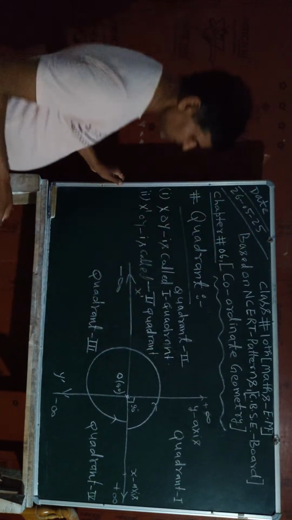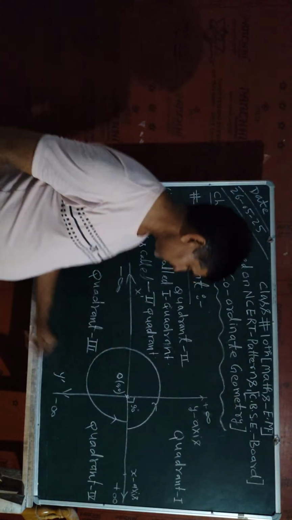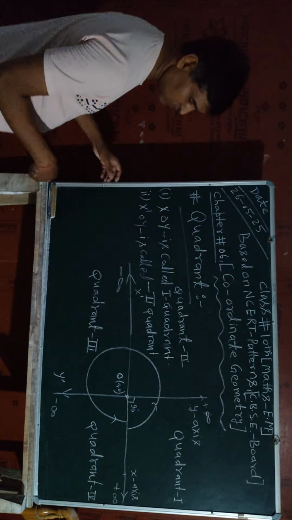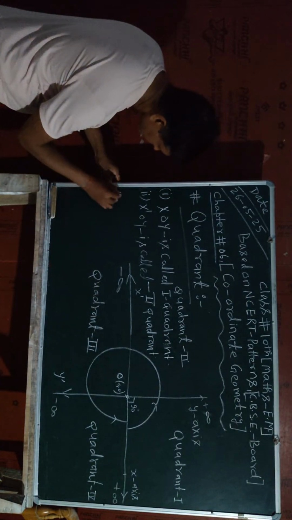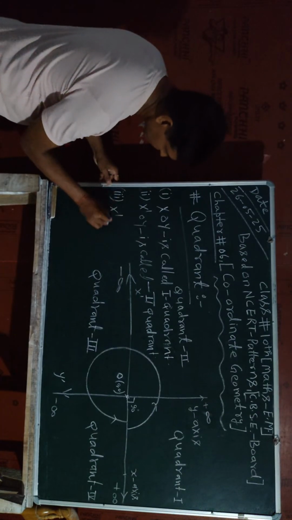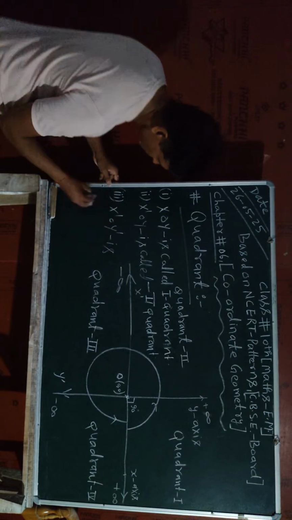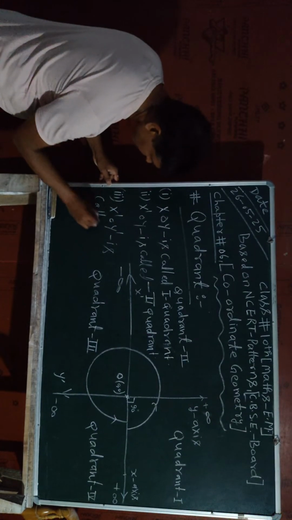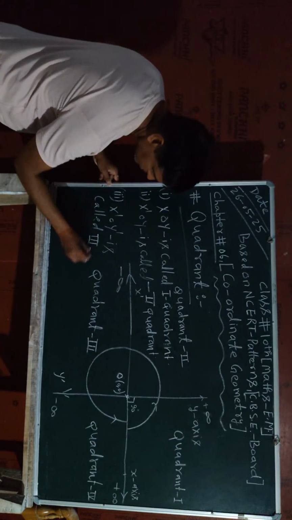So this is the meaning of second quadrant. Similarly, I will write x dash o y dash, that will be called the third quadrant. x dash o y dash is called the third quadrant.